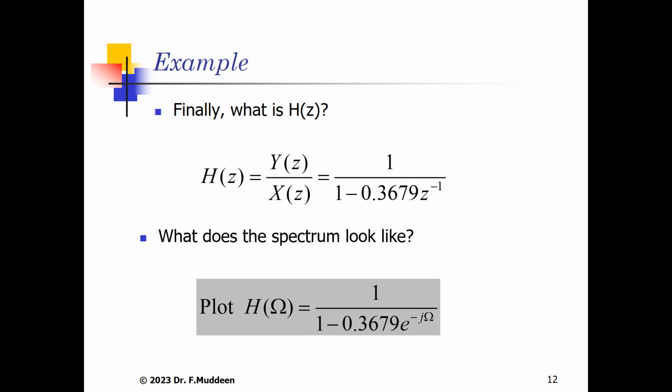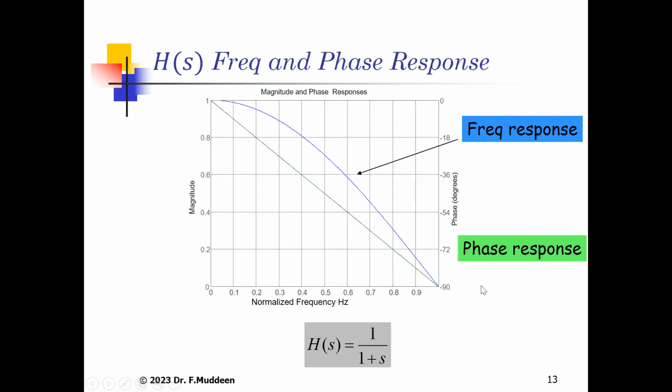So H(omega), you're trying to plot H(omega) now, and remember z, you're substituting z equal e to the j capital omega here, and you run omega from 0 to pi, right? You could do it here, or you could put the values into MATLAB as we spoke about, and you could have it plot. So if you do that, this is what the frequency response, well, let's compare them now.